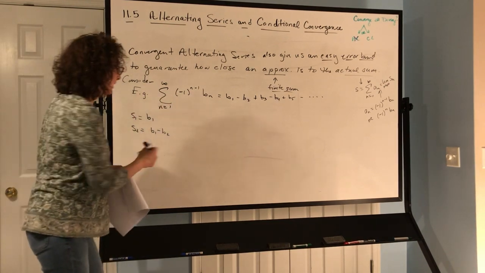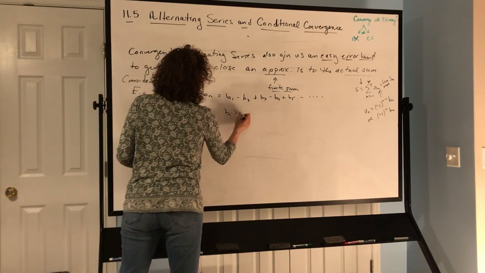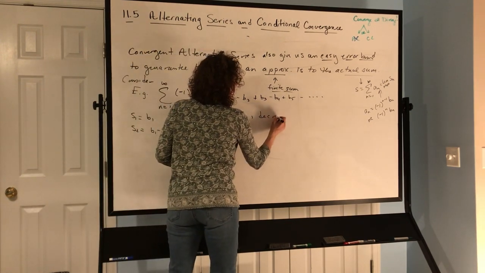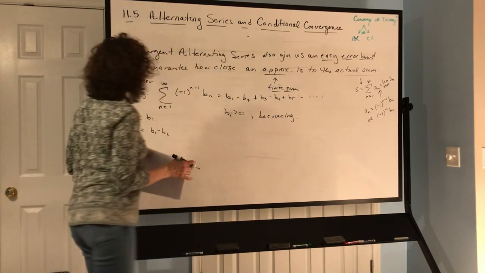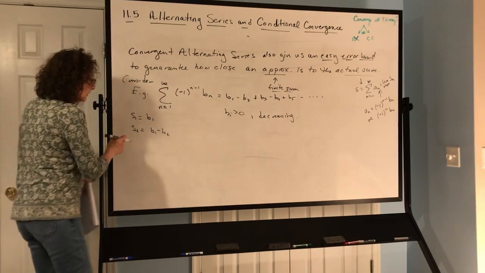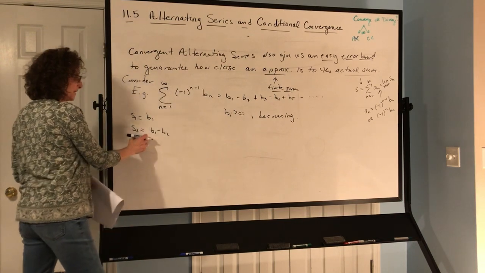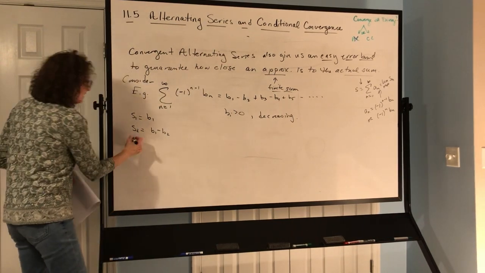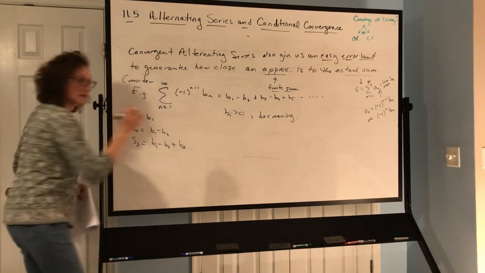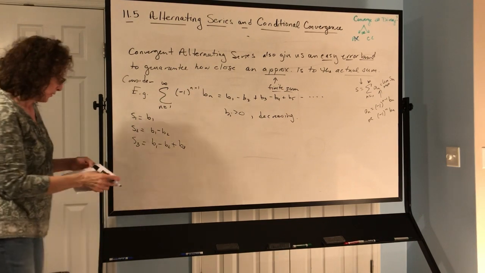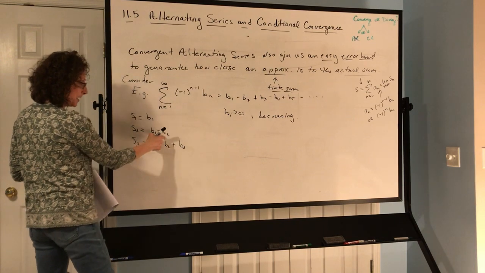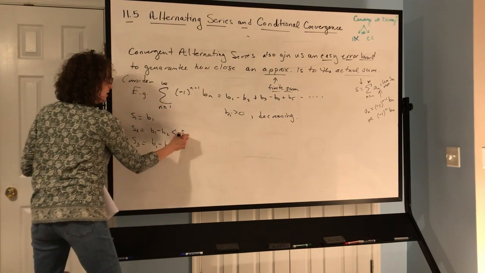Now let's think about it. The b_i's are all positive, and they're decreasing, because we have a convergent alternating series. So b2 is smaller than b1. What's S3? S3 is b1 minus b2 plus b3. I took some positive amount away from b1, so that's going to be smaller than S1.